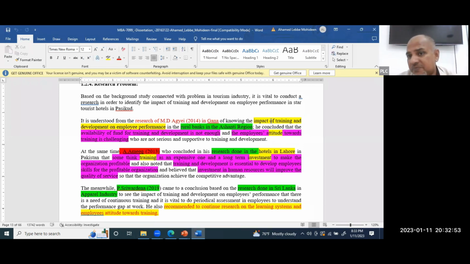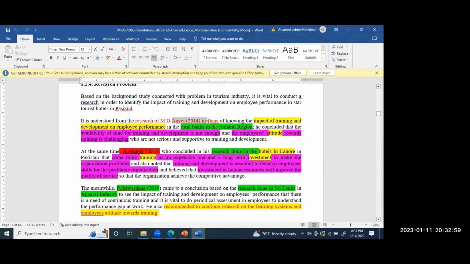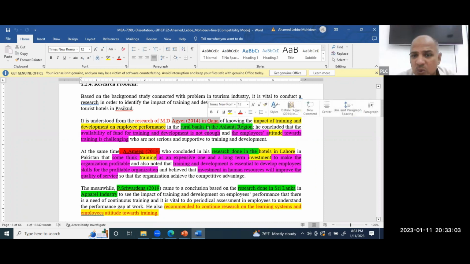So I read the research of this guy, Aji in Ghana. He did research in a rural bank in Ghana and told me that the availability of the fund for training is not enough.